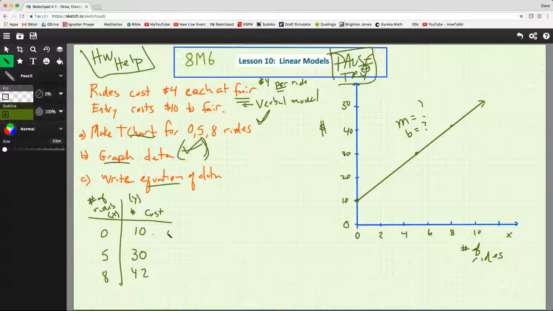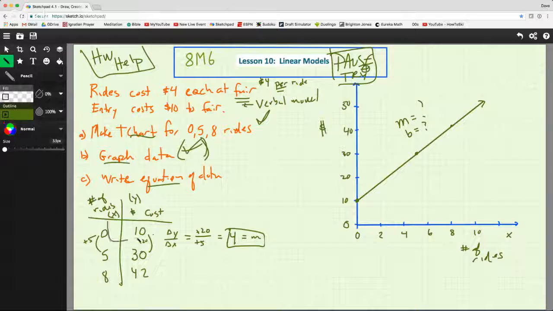So here we have delta Y over delta X. And in this case, let's use these points here. So our delta Y is equal to what? Plus 20. And our delta X is plus 5. This is plus 5, and this is plus 20. So that's 4, and so that's our m.